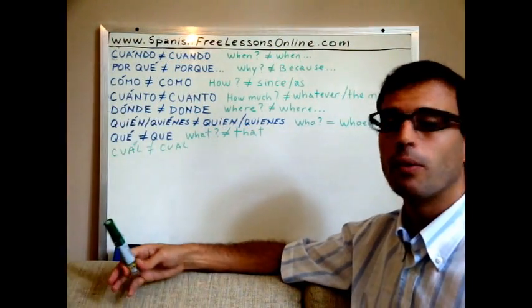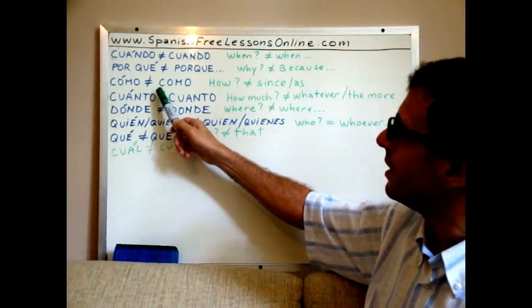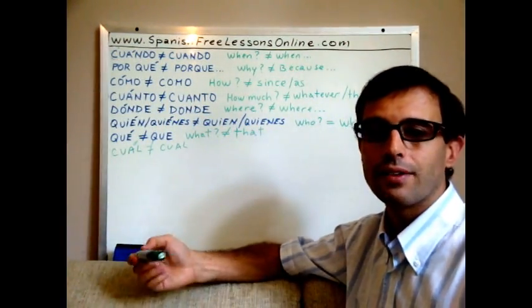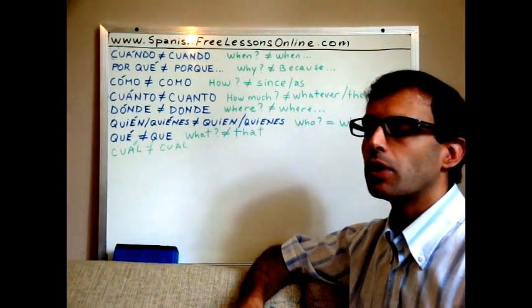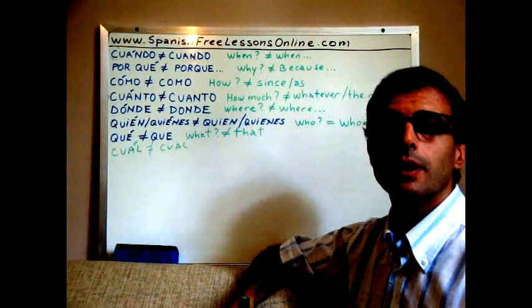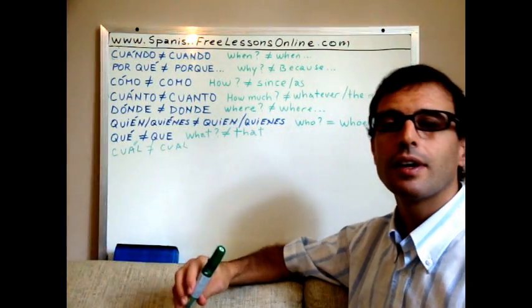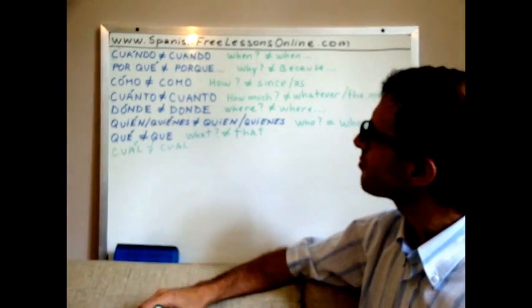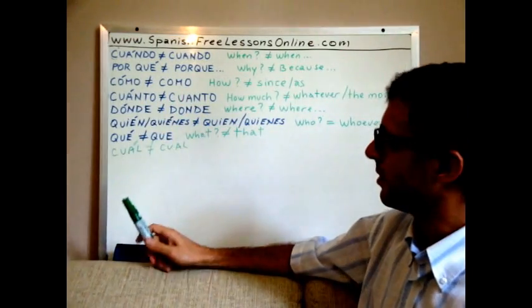This means how. However, if we write the word without a tilde, como means since or as, right? For example, let me tell you. Como no comí, me siento mal. Since I didn't eat, I feel upset or I feel bad, okay? So como means since or as without the tilde.